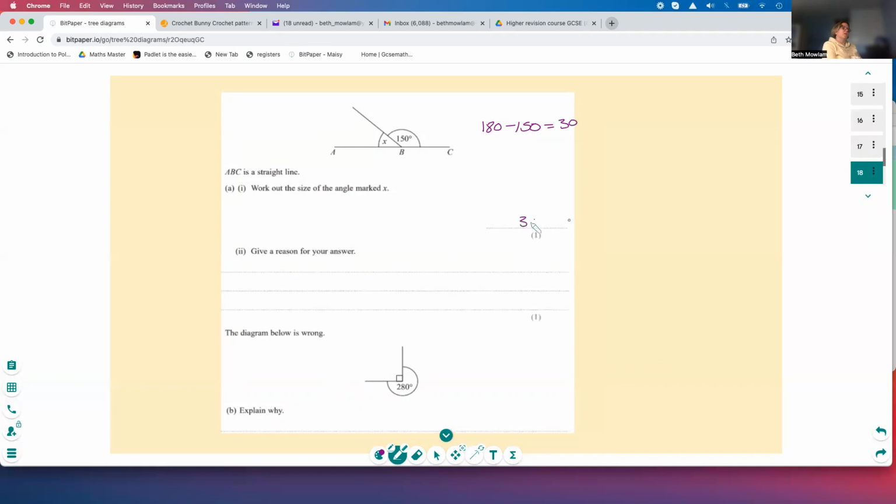So that angle is 30 degrees. Give a reason. Remember to use the words angles on a straight line add to 180.